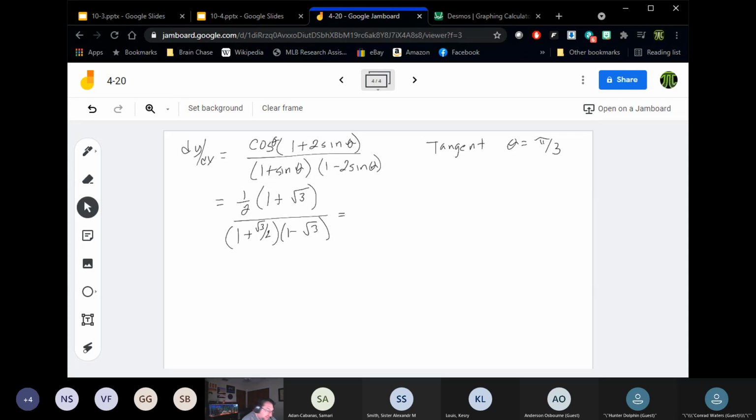So simplify this down. And we end up getting 1 plus square root of 3 over negative 1 minus square root of 3, which ends up coming out to be negative 1. So my slope at that point is negative 1.